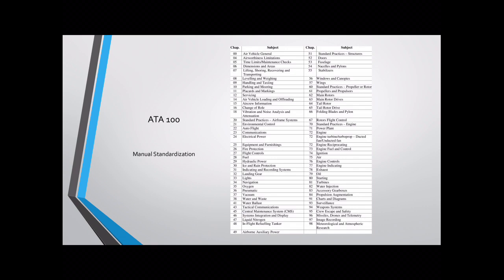Something else that's very helpful to understand when we're looking at maintenance manuals is the ATA 100 system. There's a lot of information that is contained within maintenance manuals, and historically, especially with smaller civil aircraft, we've seen a lot of different formats and design of maintenance manual, which can get very confusing when you're trying to seek information. Something that's used to solve that is the ATA 100 system, which assigns a standardized format for the location of content within manuals.